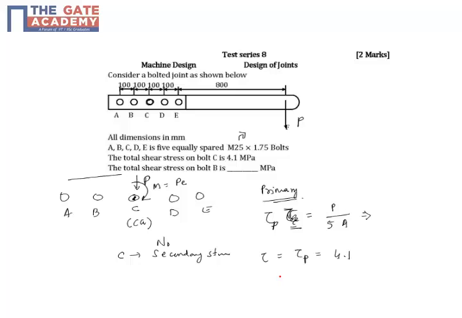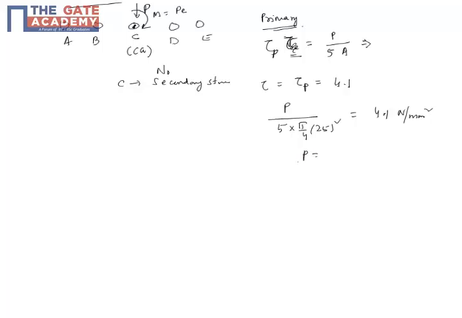So we can just use this formula: P, which we don't know and want to get, divided by area. Area is pi by 4 d squared, with 25 squared, equal to 4.1 MPa. It's Newton per mm square, that is MPa. So we assume P is in newtons and the denominator is in mm square.